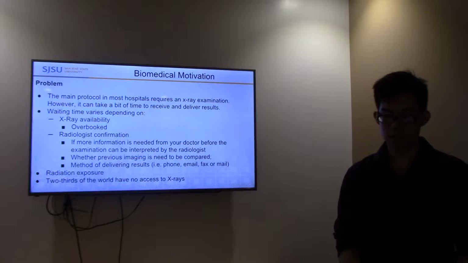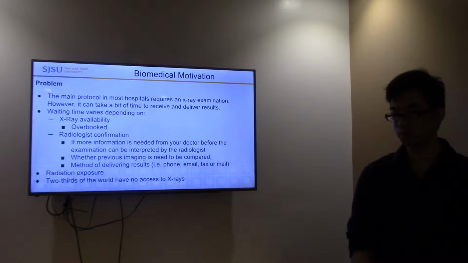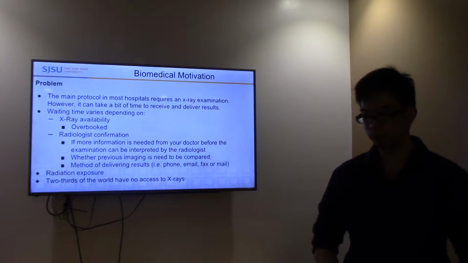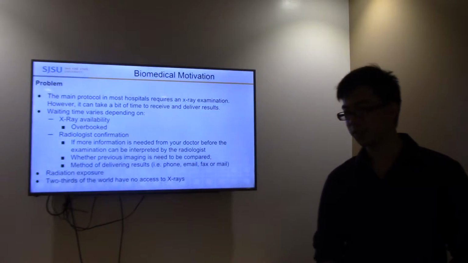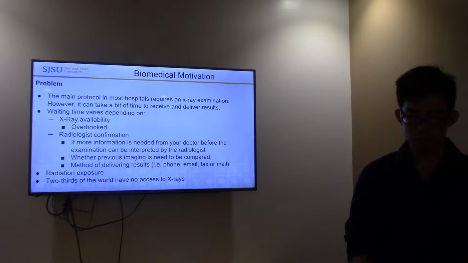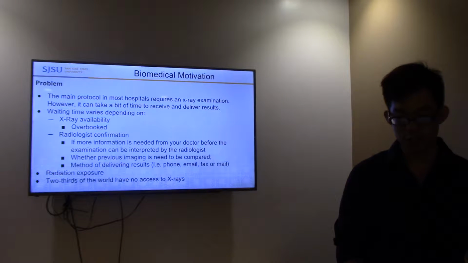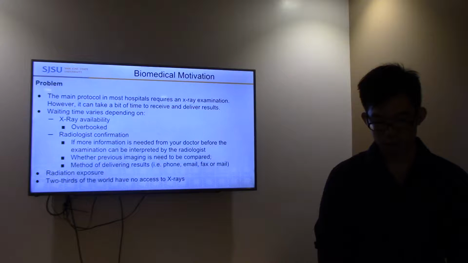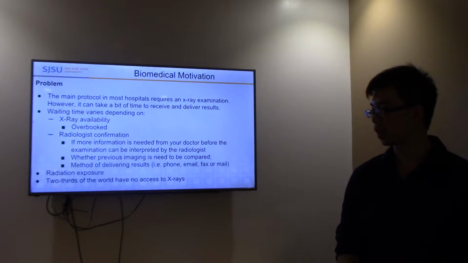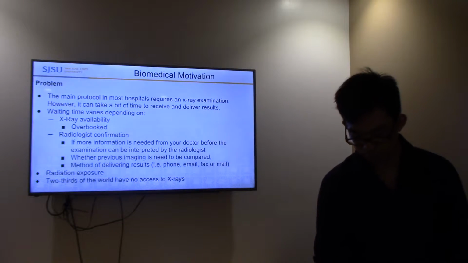And also the method of delivery to the doctors. As you know, phone and email is quicker than fax and mailing. Some patients don't want radiation either, and two-thirds of the world doesn't have x-rays, so they require a different method to verify the location.